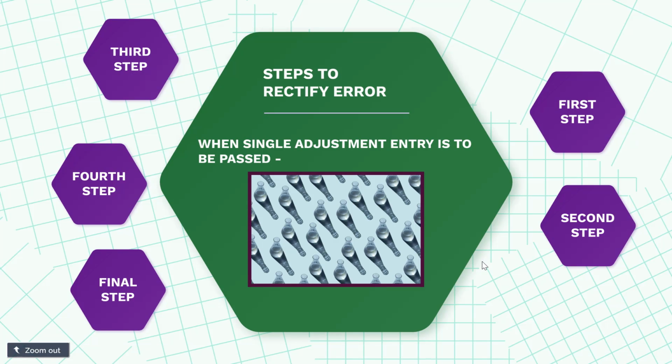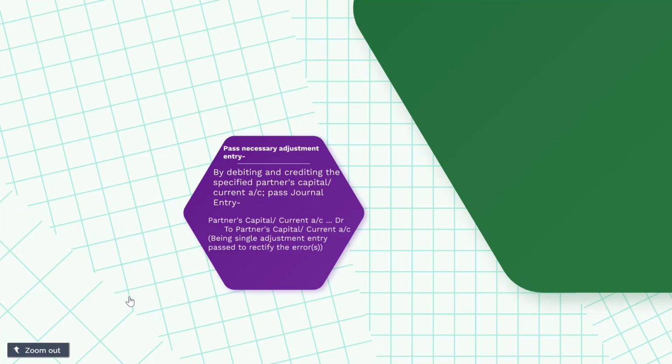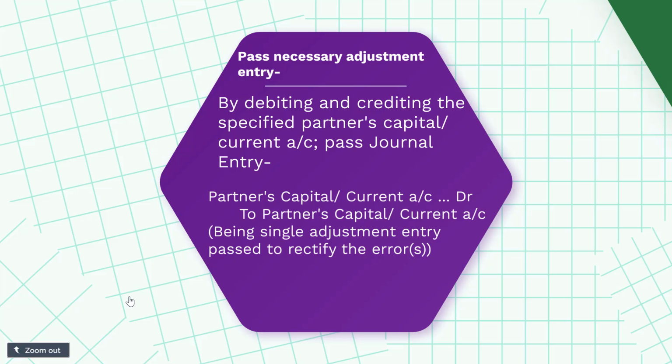Let's go to the final step of passing the single adjustment entry to rectify the errors which have been made. In the fourth step, we would determine which partner's capital or current account is to be debited and which partner's capital or current account is to be credited. And finally, by debiting and crediting the specified partner's capital or current account, pass the necessary single adjustment entry.